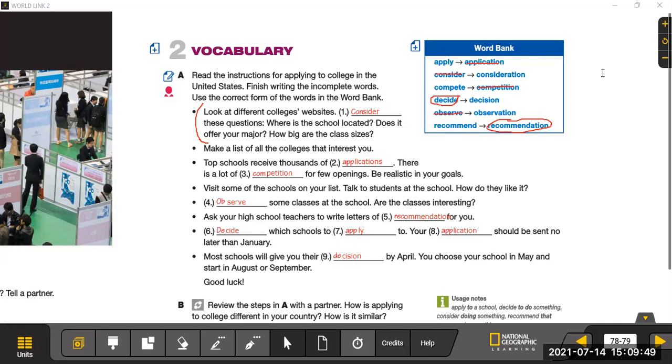You can take a capture of that one so you can practice, but don't send it to the group. No lo envíen al grupo. Solo le toman una captura para que puedan practicar ese vocabulario.